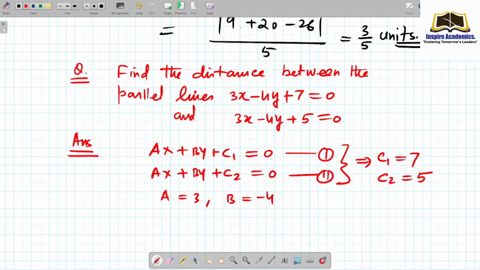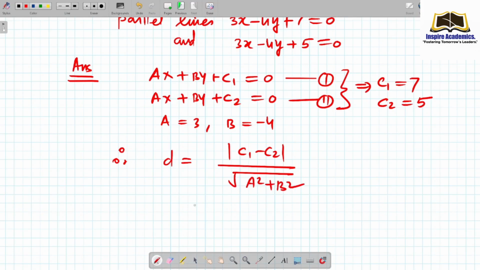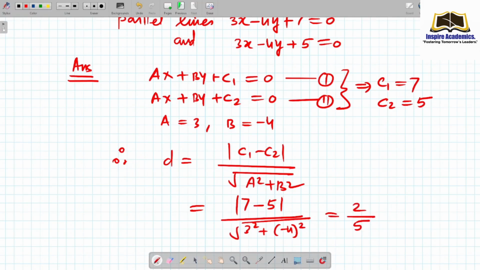And the formula, therefore, D is modulus of C1 minus C2 upon under root A square plus B square. Put the values: 7 minus 5 upon under root 3 square plus negative 4 whole square, which is 2 upon 5 units. So make sure that you really know your theory and conceptual background well before you actually jump on to solving the questions.